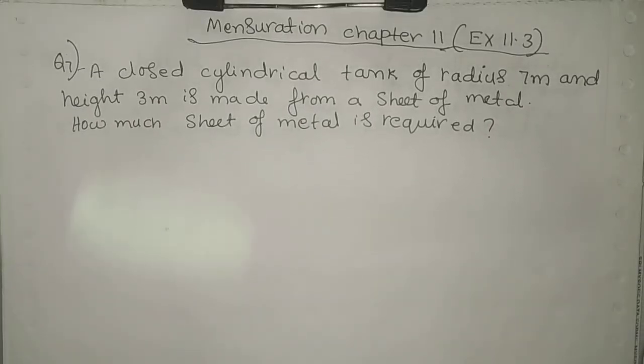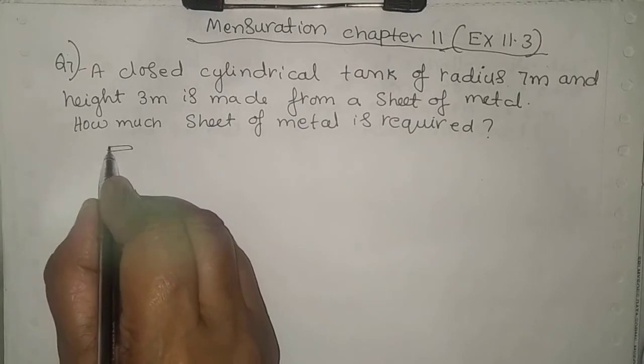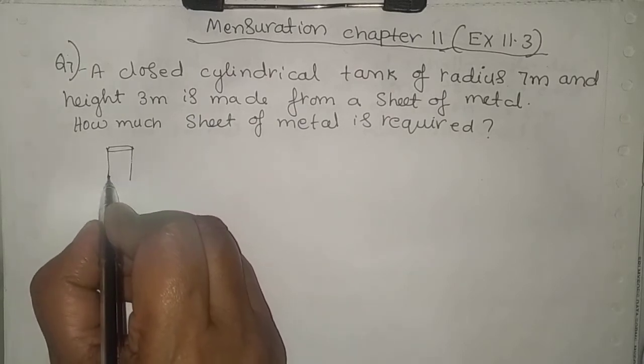7th one, a closed cylindrical tank of radius 7 meter and height 3 meter is made from a sheet of metal. How many sheet of metal is required? A closed cylindrical tank of radius 7 meters, and height means this is a cylinder, closed cylinder.